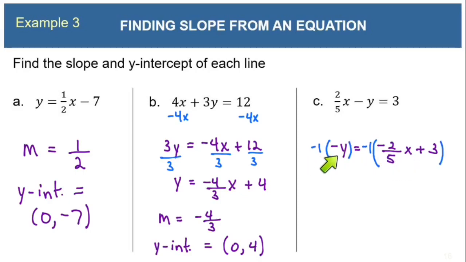And -1 times -y is +y. And then if I distribute this -1, it will just change both of the signs. So -2/5 x will become +2/5 x, and +3 will become -3. And so now we can see that the slope of this line is going to be 2/5, and the y-intercept of this line is going to be 0, -3.